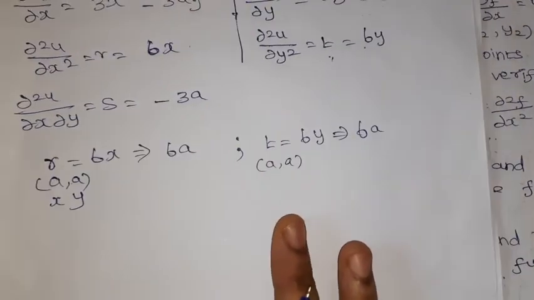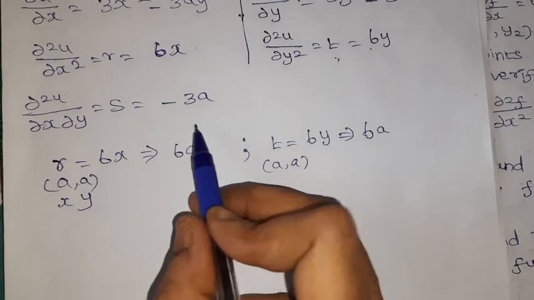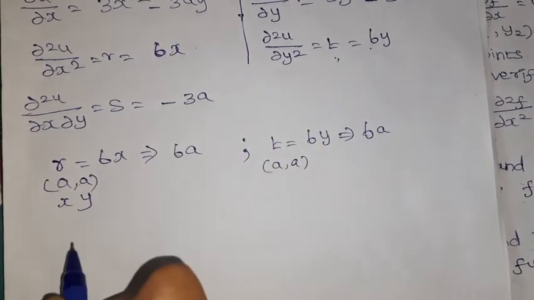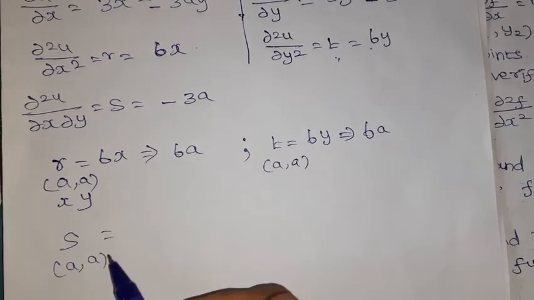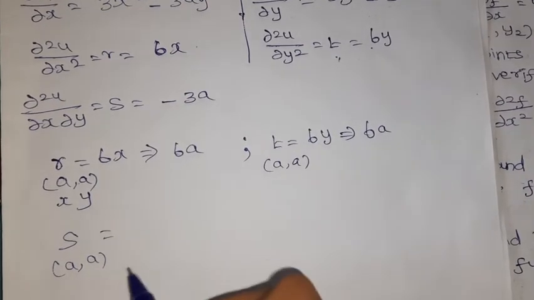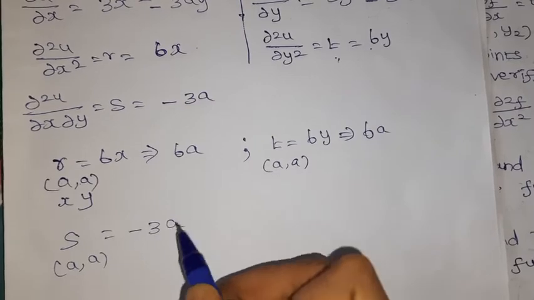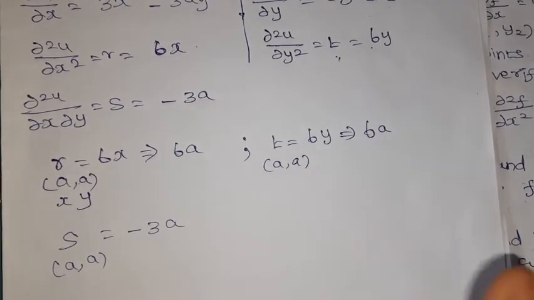Then s is a constant, so it will be minus 3a.